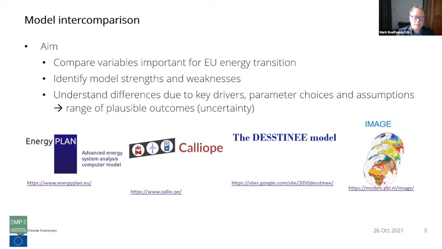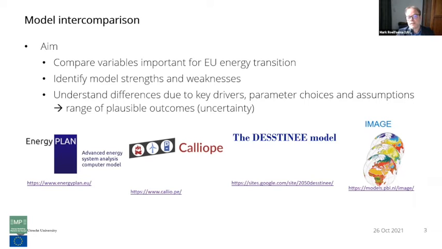Also, Calliope is an optimization model. It allows an arbitrary spatial and temporal resolution, so it's very flexible. And it especially focuses on renewables, so it can show different configurations of the energy system.